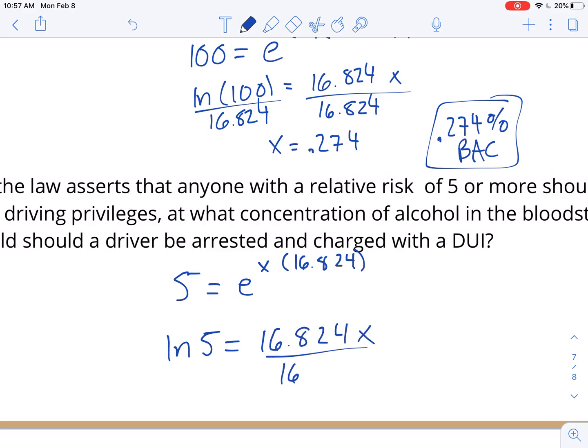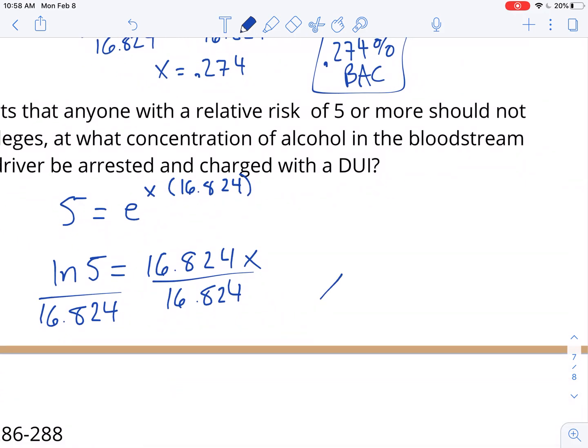Divide both sides by 16.824. Go ahead, do your division, plug it in your calculator. And we find that x is equal to 0.096% BAC.